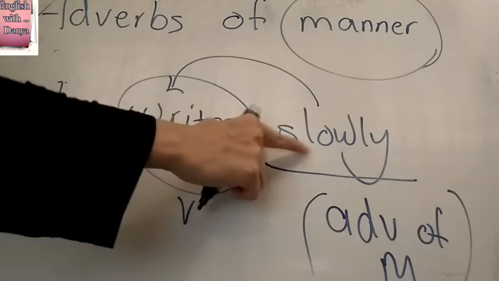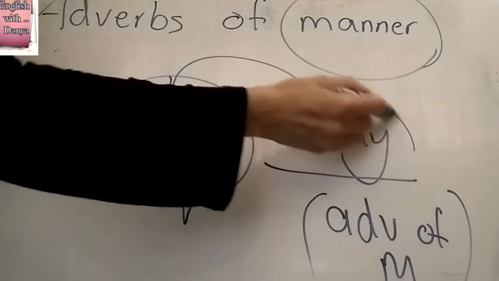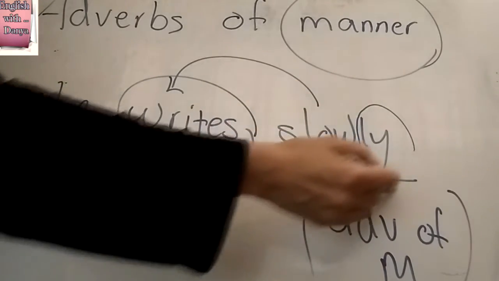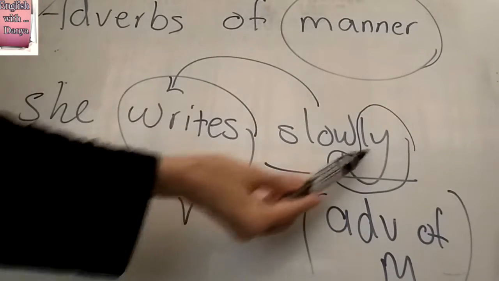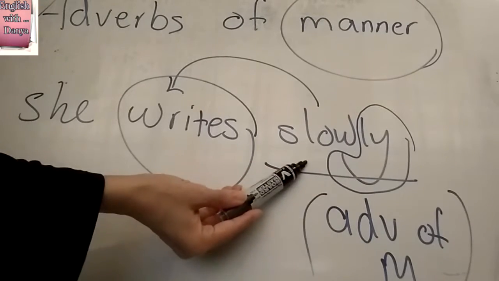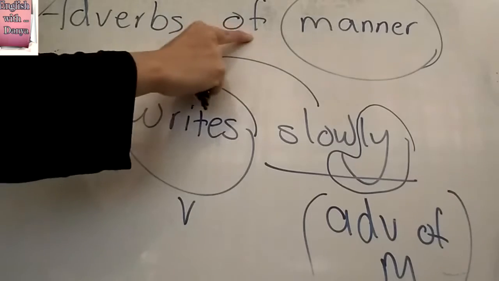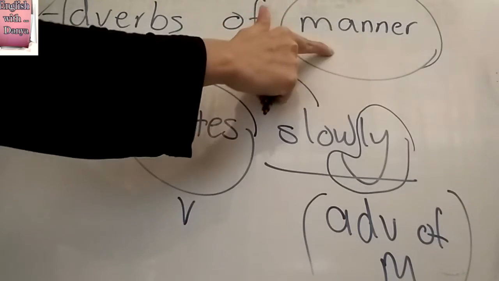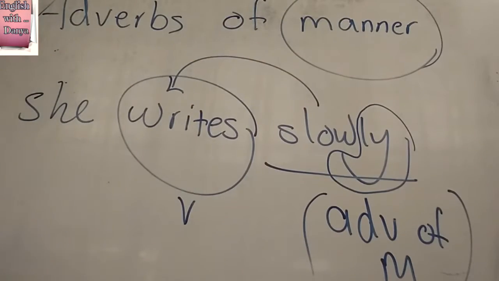She writes slowly. So if you add ly at the end of the adverb, it becomes an adverb of manner, because manner describes how the action has been done.